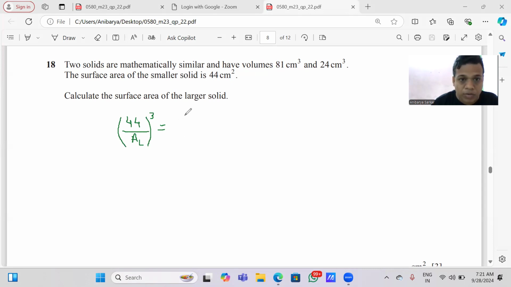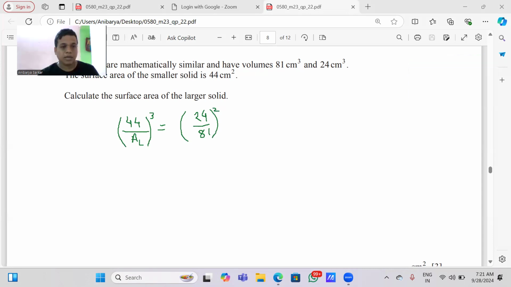The smaller one is 24 and 81 is the larger one. So 24 by 81, and that is squared. Now you might be asked why it is cube and why it is square.